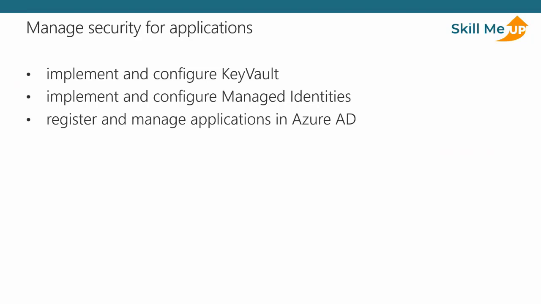A common function is that for doing AD joins of virtual machines to a traditional Active Directory, you could put the username and passwords for the application accounts, or the user accounts that would be used by Active Directory to authenticate the machine to Active Directory. You can put those in Key Vault as 2 different secrets. You can then specify in the template, you can reference those secrets so that the deployments can pull those out of Key Vault.